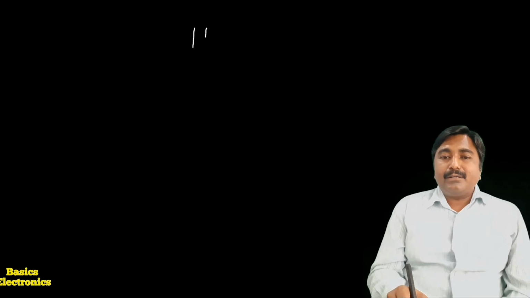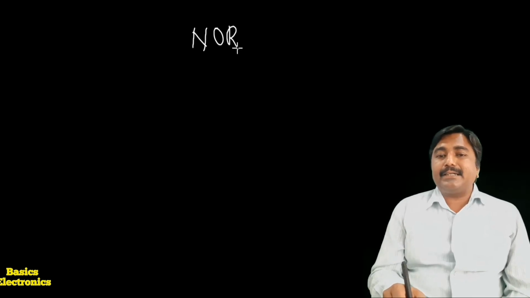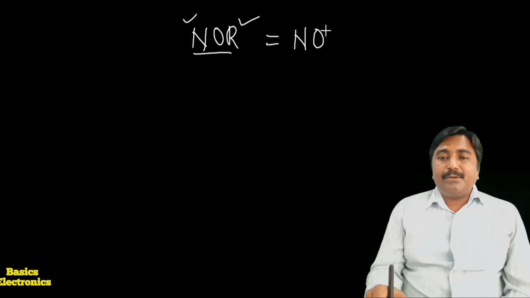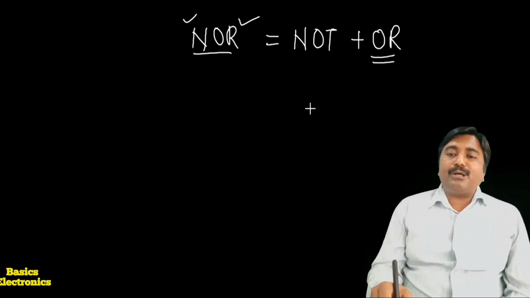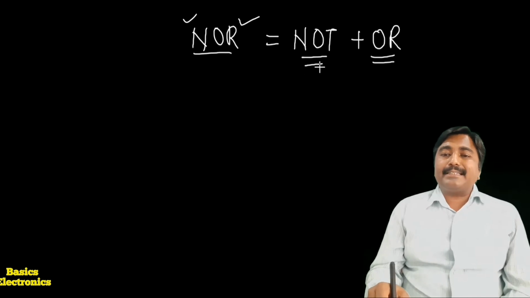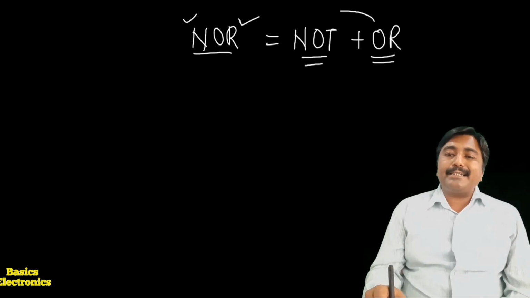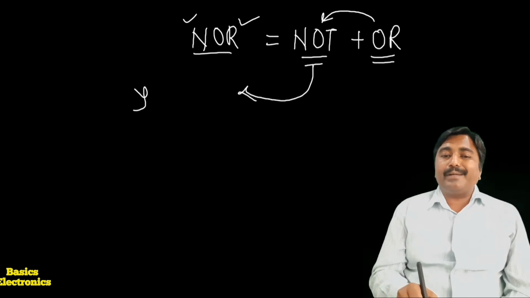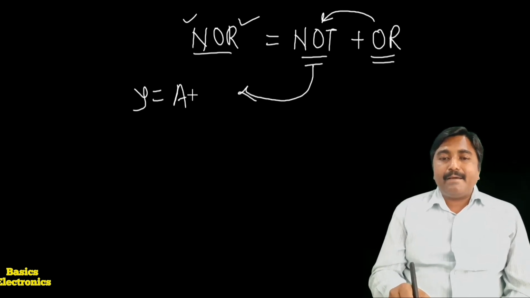This NOR gate is constructed using one NOT gate and one OR gate, so it is a combination of the NOT and the OR gate. The inputs are applied to the OR gate and the output of the OR gate is applied to the NOT gate, and the output we get is Y equals (A plus B) complement.